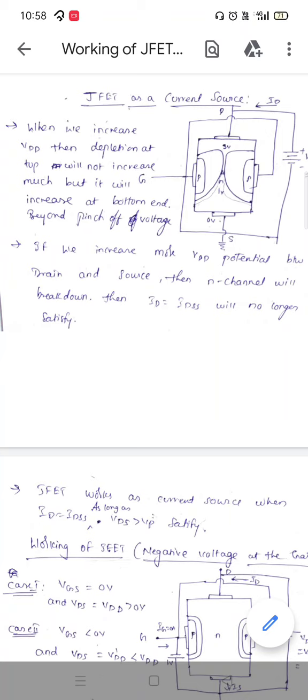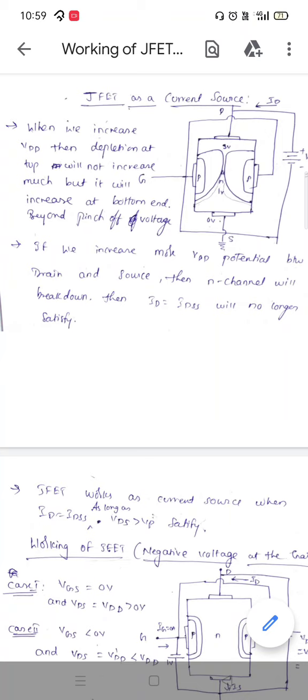In the previous class I taught that the potential at the gate terminal is 0 and at the source terminal is also 0.